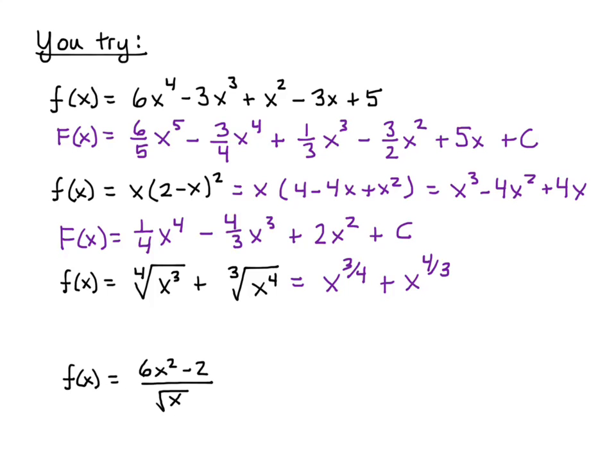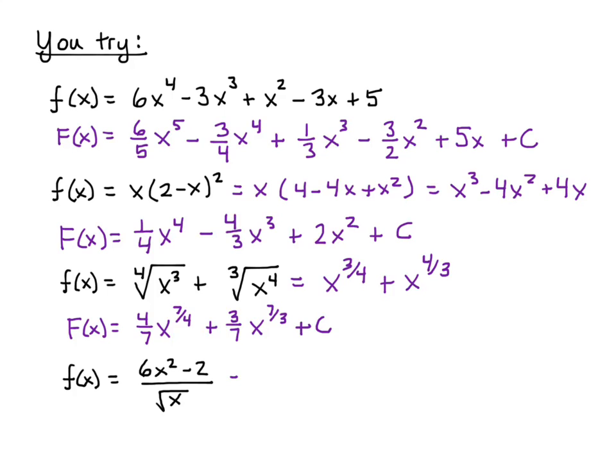Okay, I'll let you finish. Then I got 4/7 x to the 7/4 plus 3/7 x to the 7/3. Great, okay, 4/7 and 3/7, so the new coefficients, plus c.